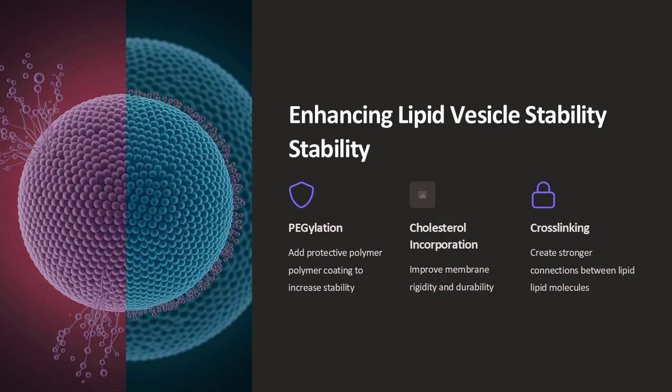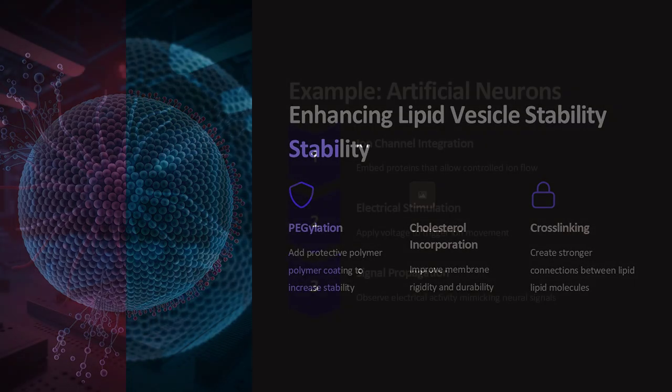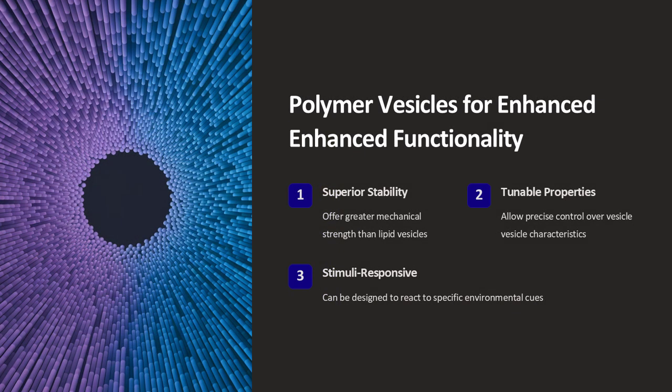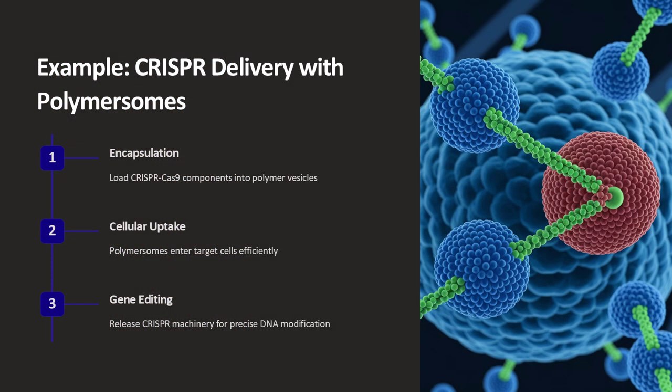Another fascinating aspect is the use of microfluidic techniques to produce vesicles with precise control over size and composition. Microfluidic devices allow for the generation of highly uniform vesicles, sometimes referred to as liposomes or polymersomes, that are essential for reproducible experiments and applications.